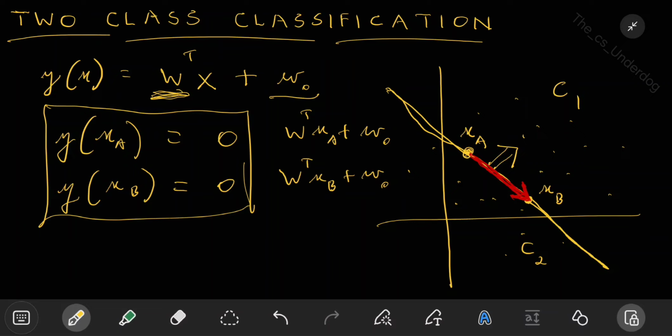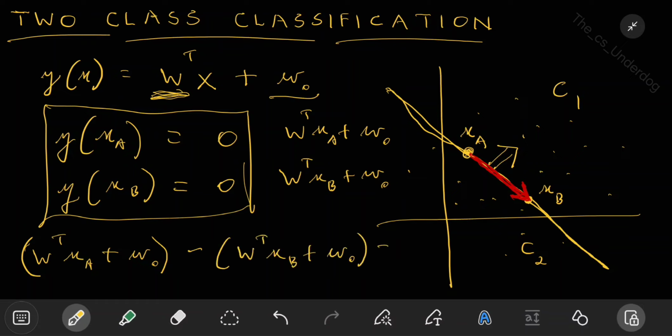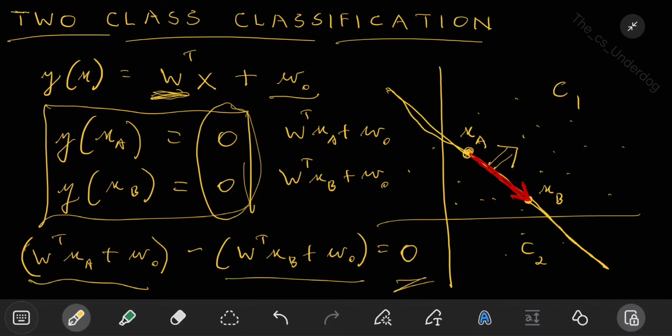If you do that, you will get w transpose xa plus w0 minus w transpose xb plus w0 is equal to 0. So on the RHS, 0 minus 0 will be 0, and on the LHS, y of xa minus y of xb, right? Here w0 and w0, these two will cancel out each other.